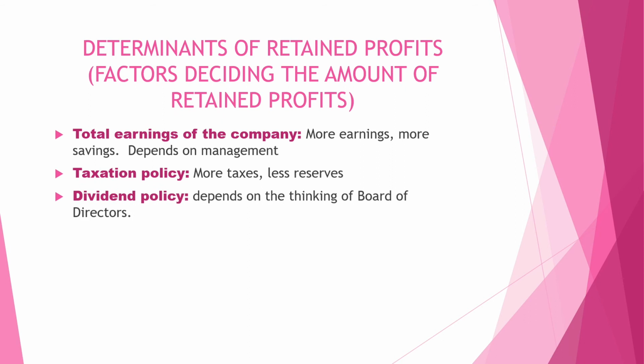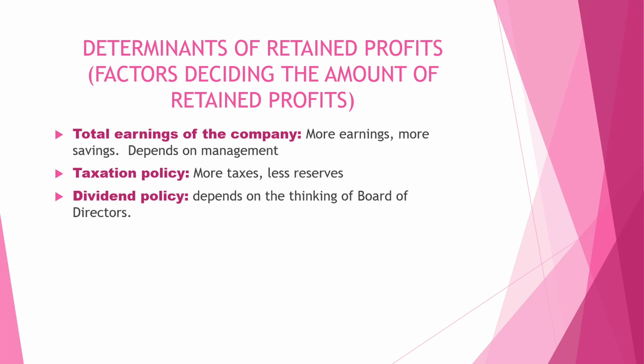The dividend policy. This depends on the thinking of the board of directors. If the board of directors are safety players, wherein they decide to give more dividend to the shareholders, the reserve funds will automatically decrease. But if the board of directors decide to give a moderate rate of dividend to the shareholders, the reserve fund will be comparatively more.